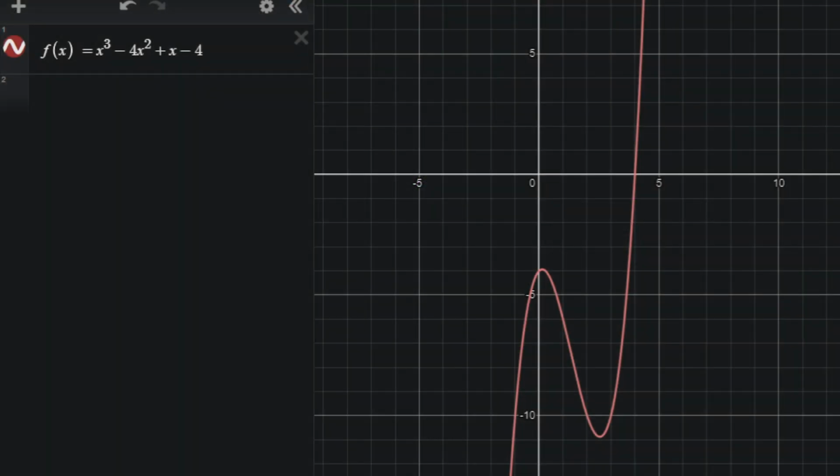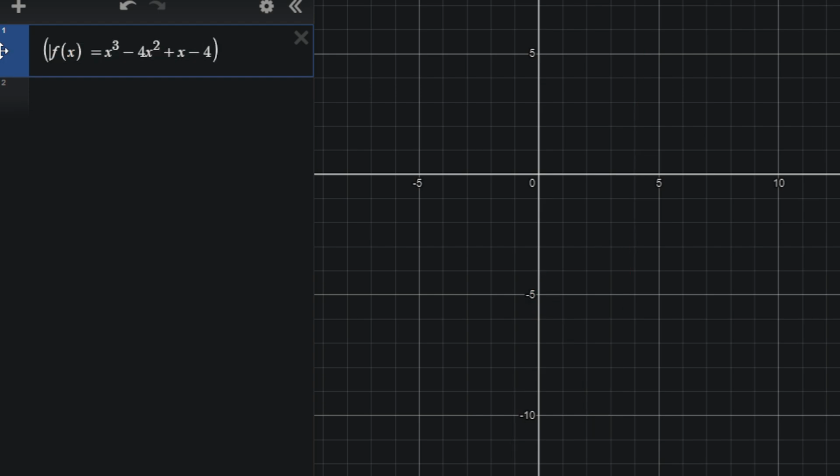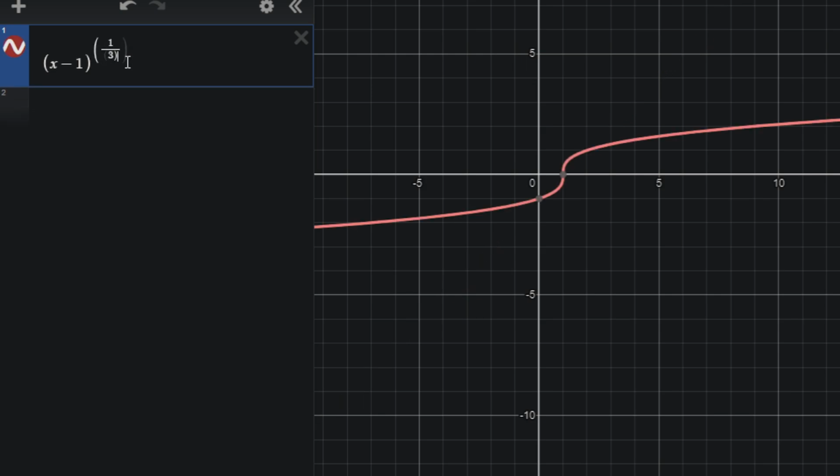So if we just go ahead and throw this on the graph, not sure if you can do a cube root function here, so I'll just go ahead and do it to the 1/3 power. X minus 1 to the 1/3 power. Okay, so it looks like this.